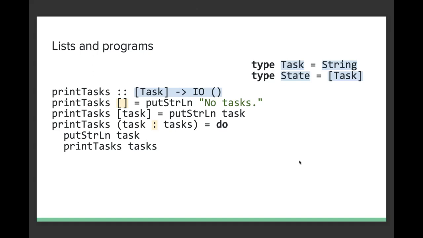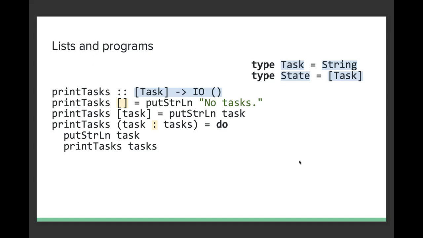Okay, but now that we have this implementation, we can look a little bit closer at it, and we can see that really what we're doing is for the empty list, we're printing no tasks, but otherwise we're just applying putStrLn to every task in the list, right?